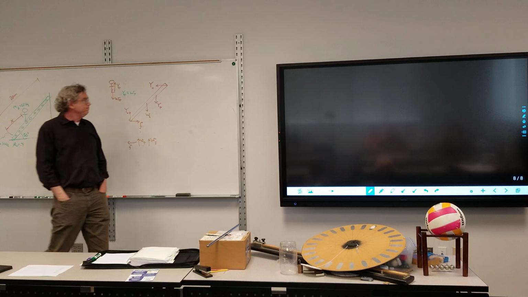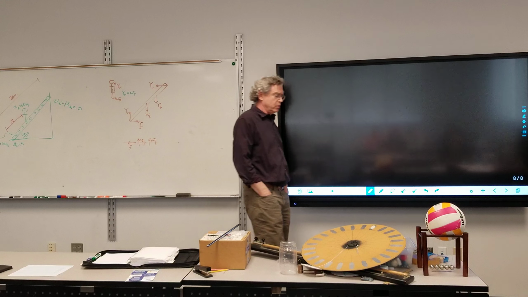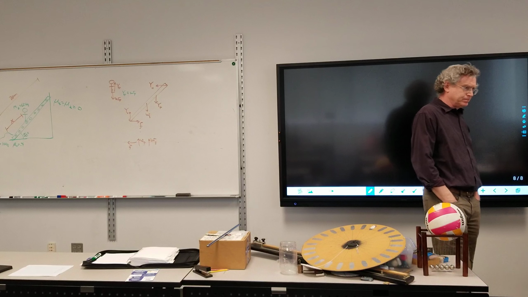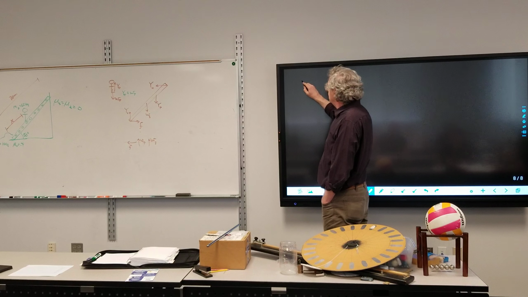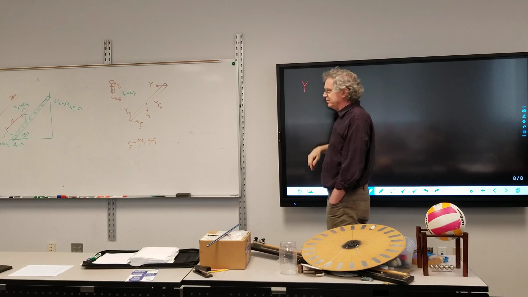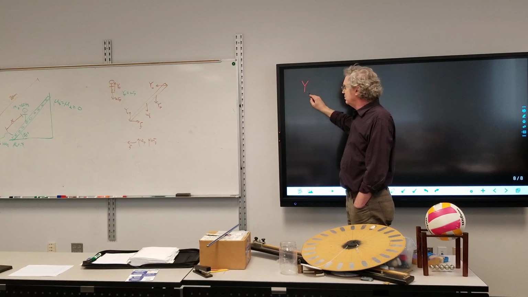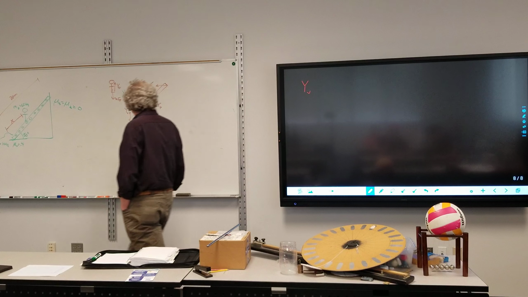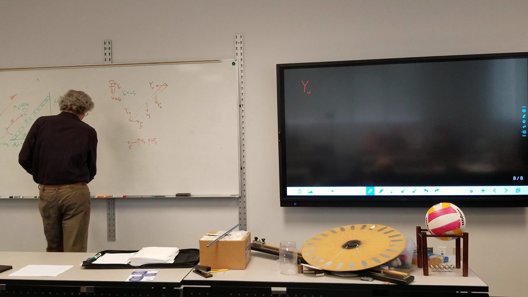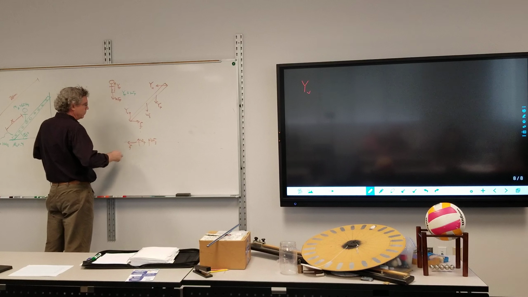All right, so what are our equations? The normal force needs to be added on the ground. On the diagram, Y sub V is not there. Oh, down here. Got it.